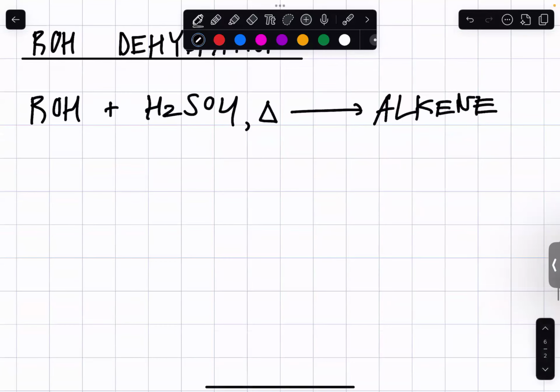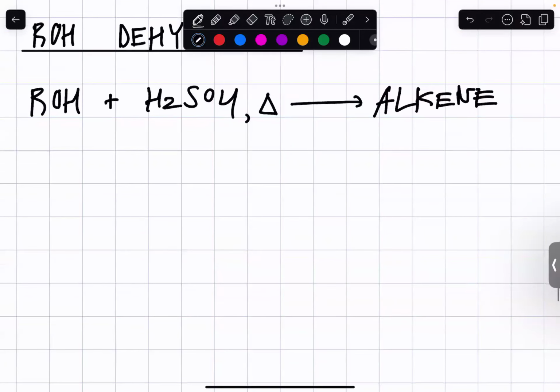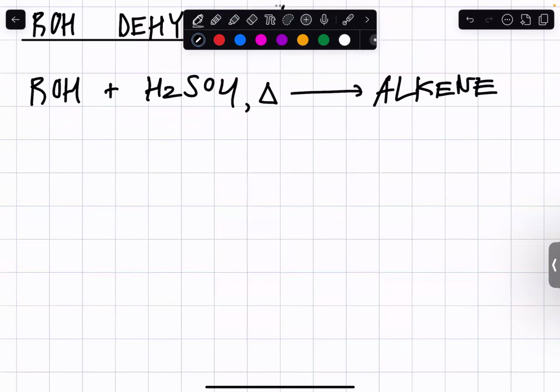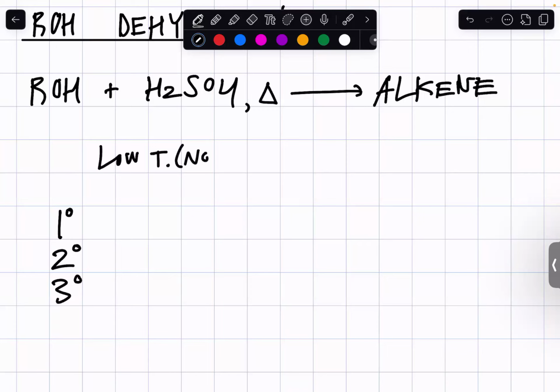Okay. Now, you can have different types of alcohols, like a primary alcohol, a secondary alcohol, or a tertiary alcohol. And if you have low temp, which is like no heat, or high temp, which is heat, you're going to have different reactions.